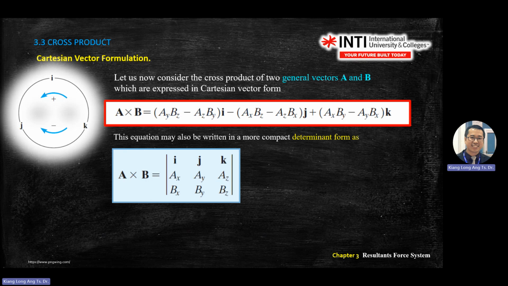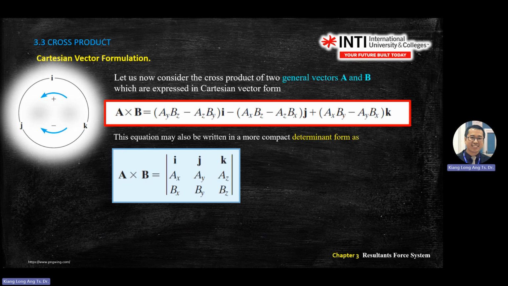You remember the matrix form. After you're done with I, you move your hand to J. How to do it? Also cross, like you're doing a fish shape: AX multiply BZ minus AZ and AX, like a U-turn. A U-turn means negative.